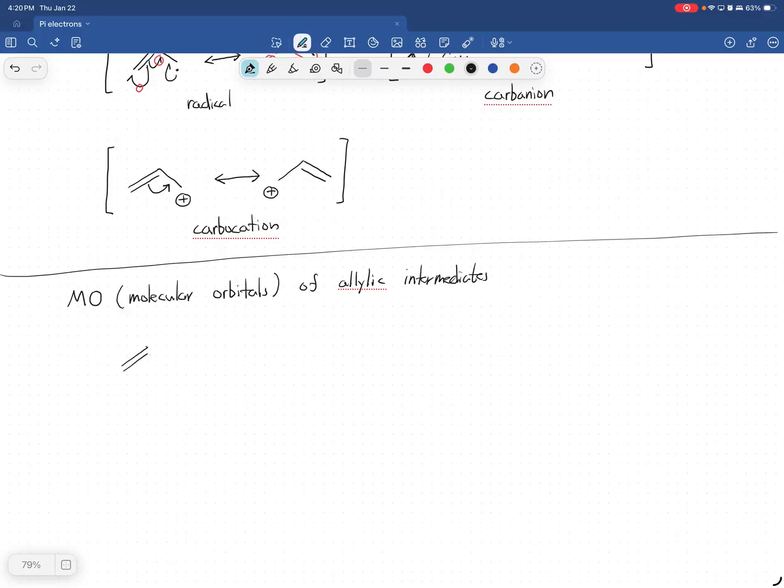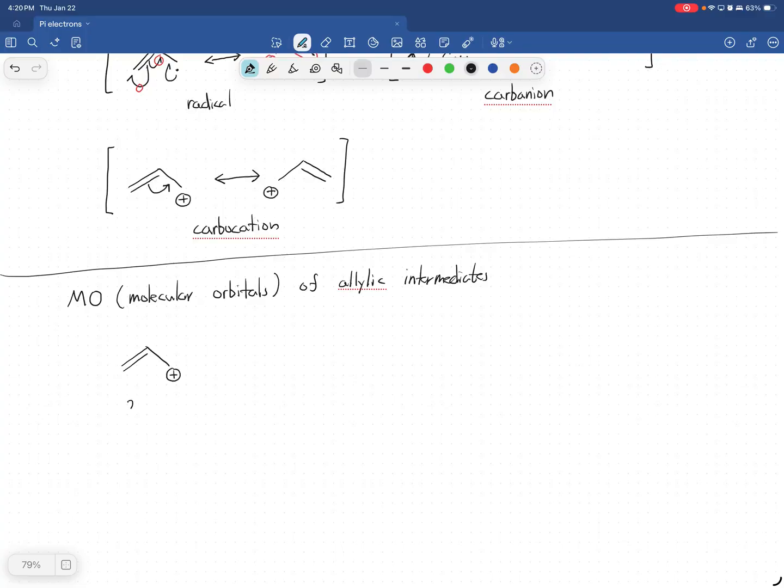All right, so let's start with the carbocation here. How many pi electrons are in this cation? Or how many double bonds are there? One. So how many electrons are in a pi bond? 2.